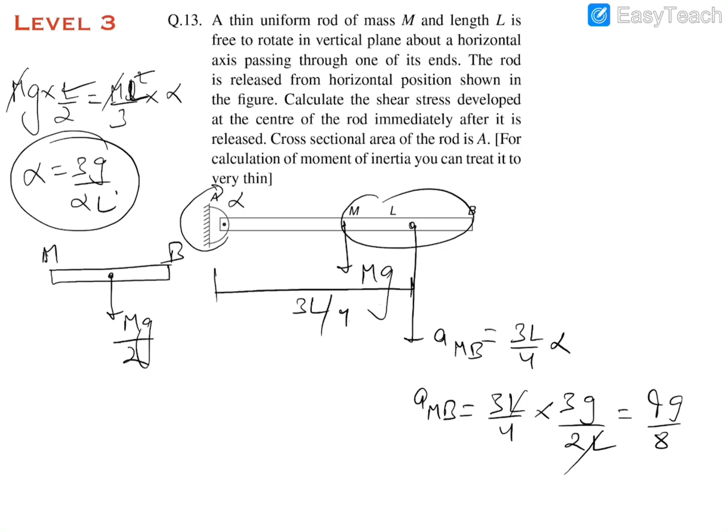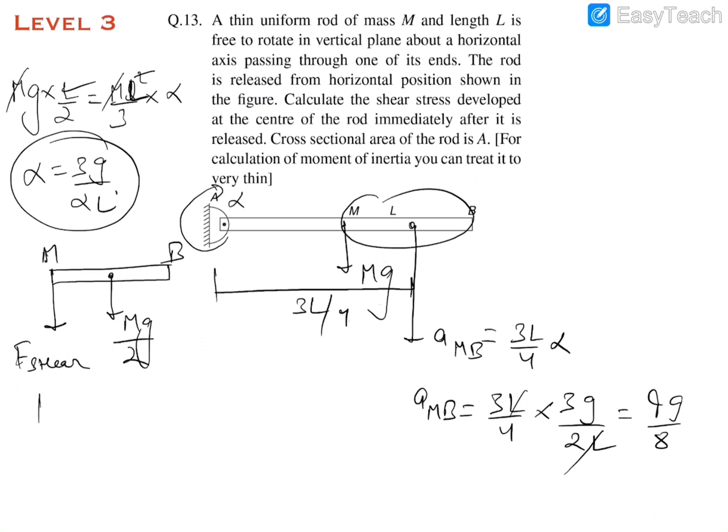Now you can see that if this part was falling freely, then its acceleration should be g. But you can see that its acceleration is greater than g. So it is obvious that the shear force acting on this part will be in the downward direction, because this force will make its acceleration greater than the free fall acceleration.